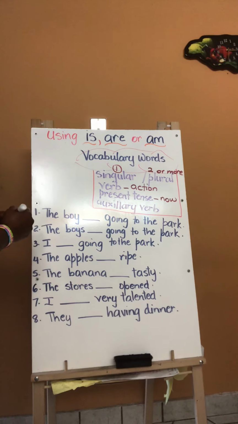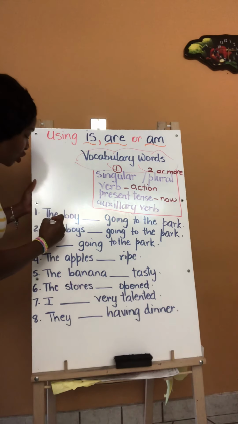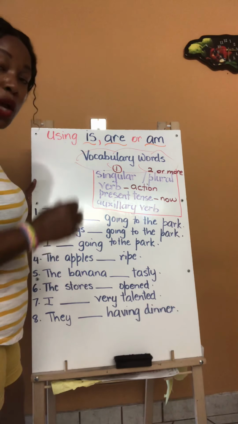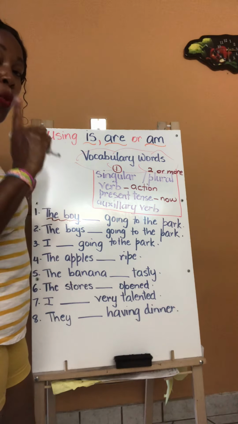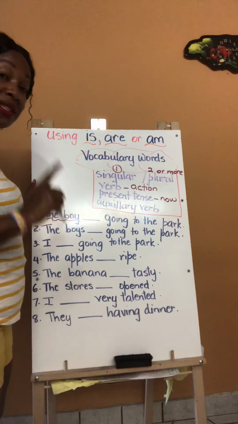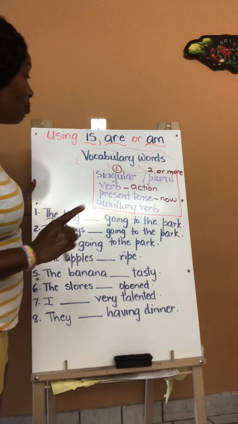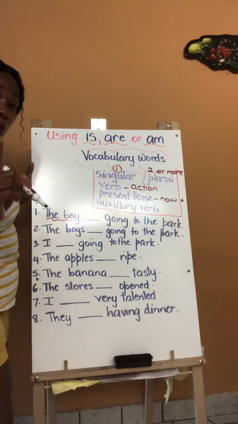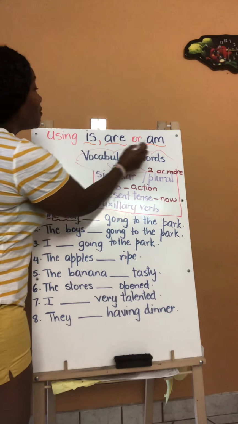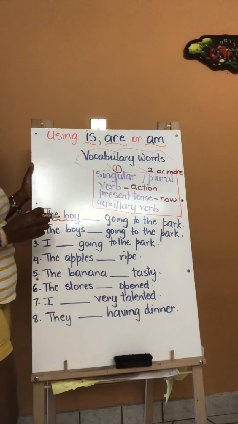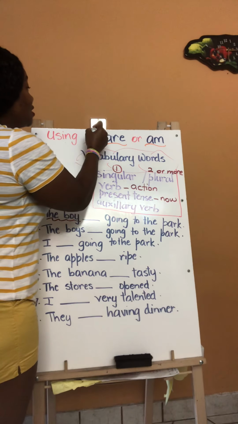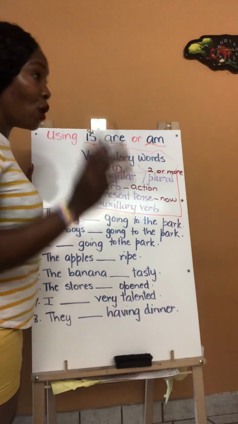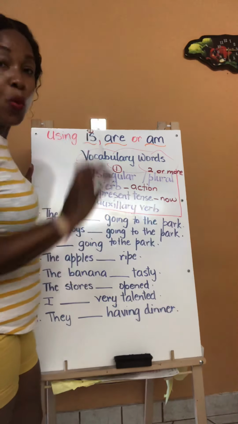Now, we need to pay attention to how many persons we're referring to in the sentence. We're only referring to one person, which is the boy, one boy. Now, because singular means one, we need to know which of these refer to one. So is used when we're only referring to one person, one place, one animal, one thing.